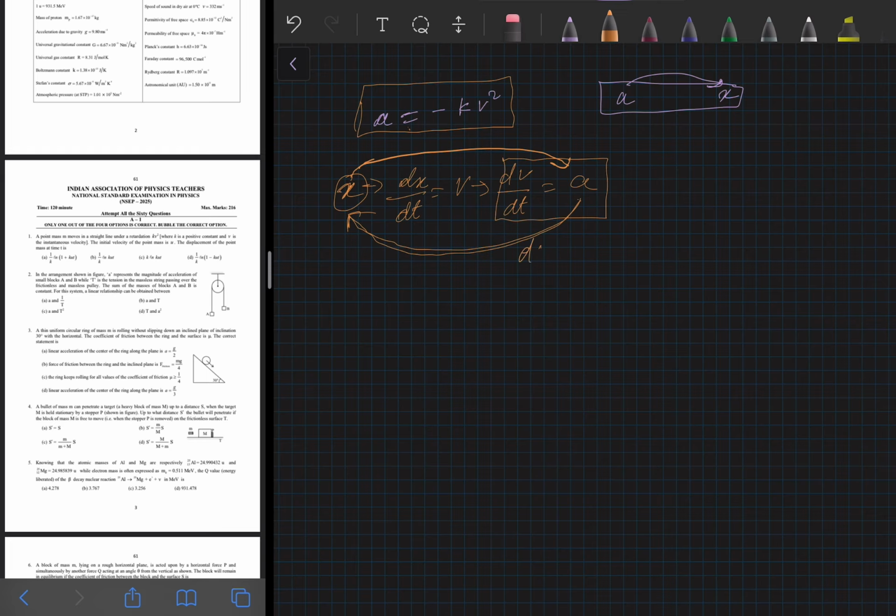If dv by dt is equal to a, this is a variable separable differential equation. This becomes dv equals a dt, and if we integrate this, we get v equals a times t.